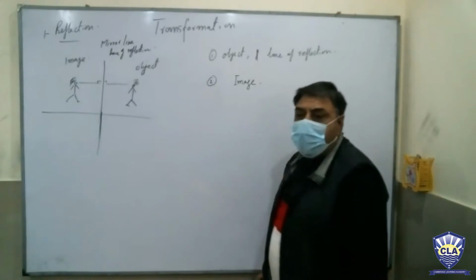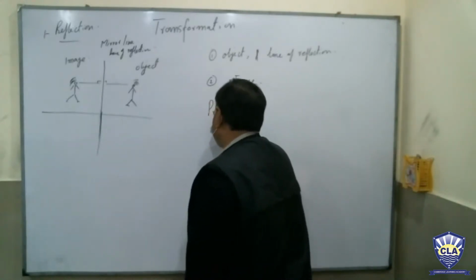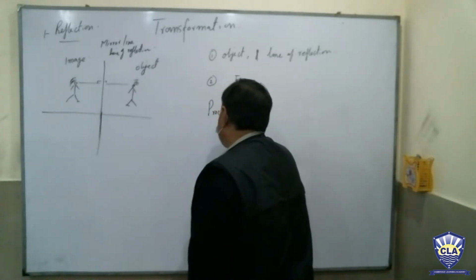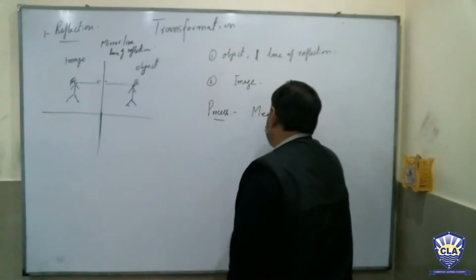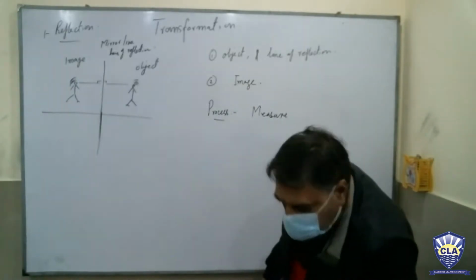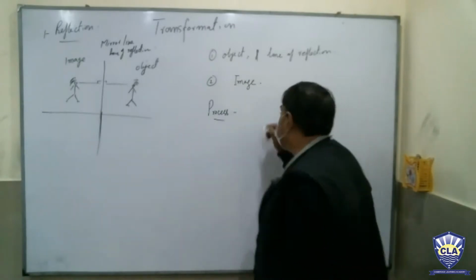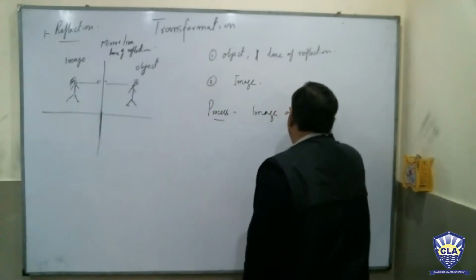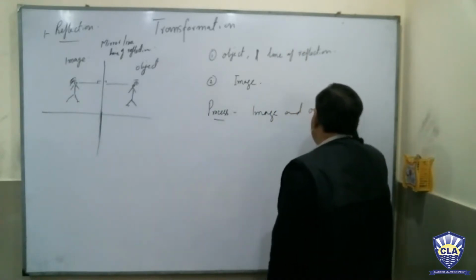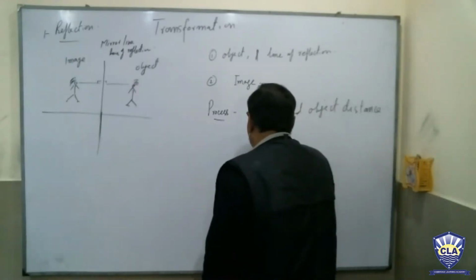We mark the image. Process: measure the image and object distance from the line of reflection.